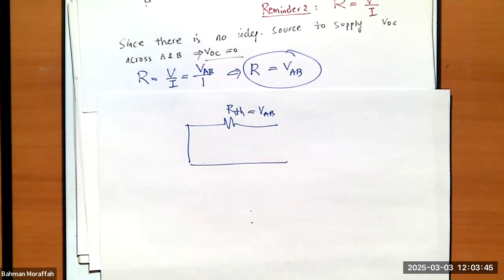So it's just a wire. And I have R Thevenin. Right? So keep that in mind. The idea here is very simple. I don't have any independent source, so nothing in the circuit is being supplied. Right? Therefore, whatever I compute would be 0.